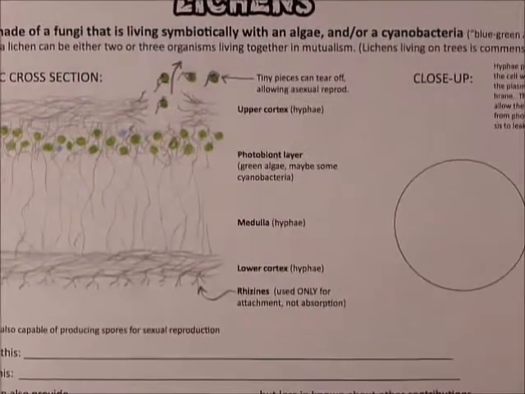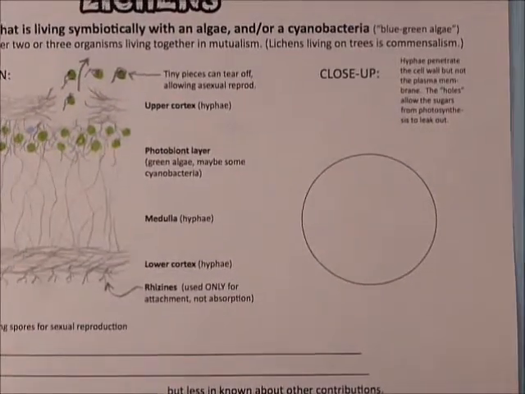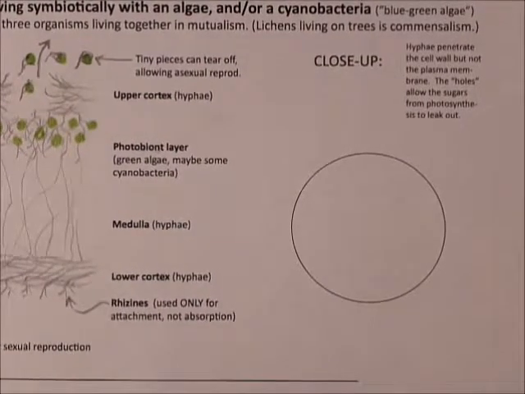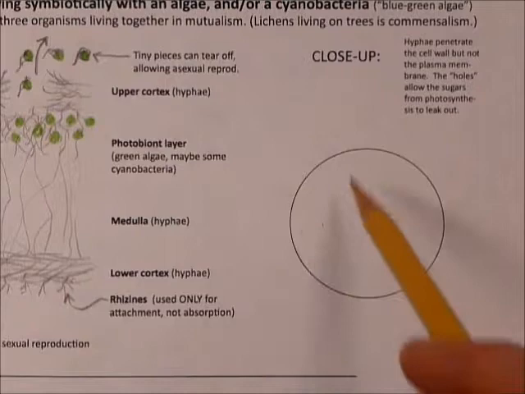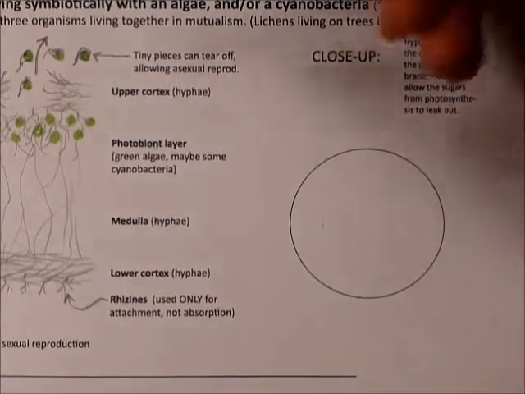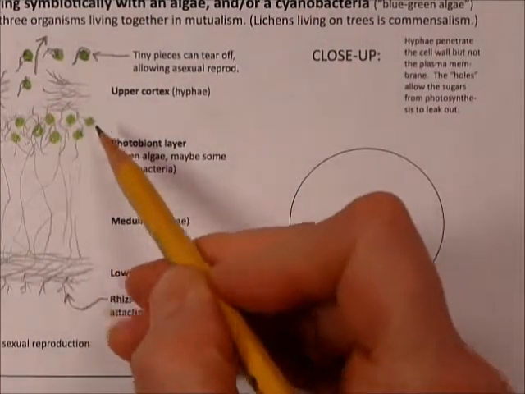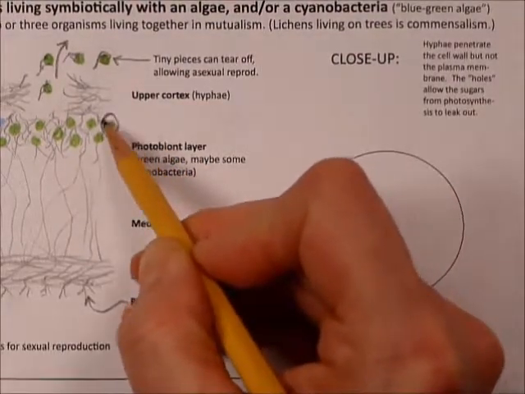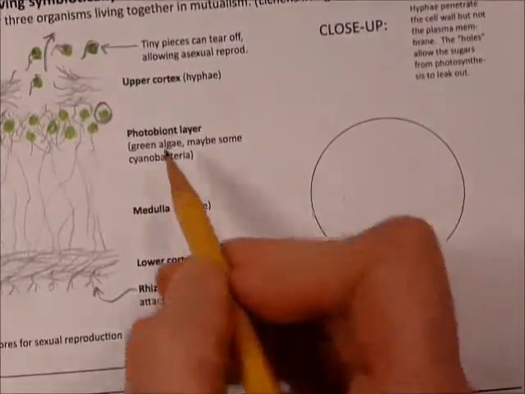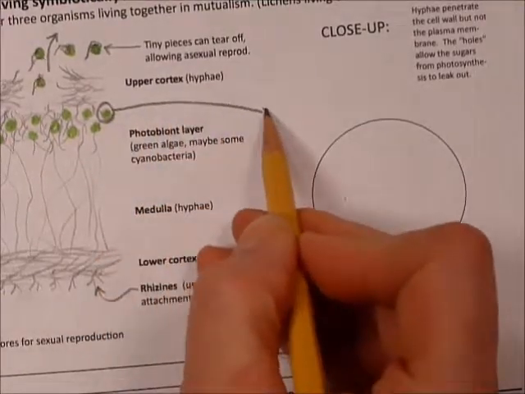So let's see, over here, let's do a close-up. Find out what's going on between the algal cell and the hyphae. So maybe you want to circle one of these guys over here, and you can make a line over like this.